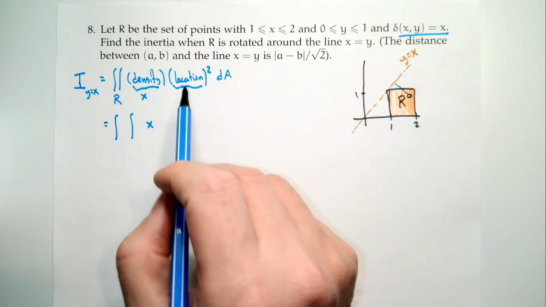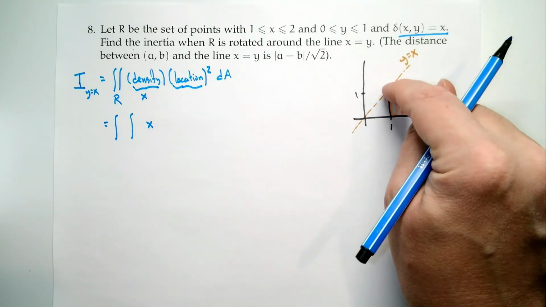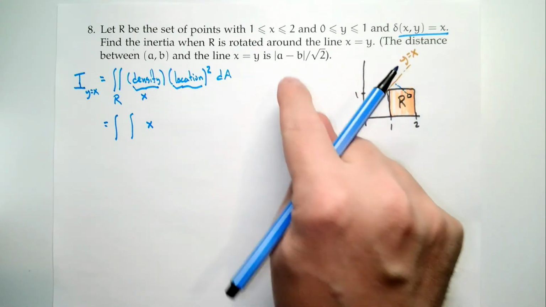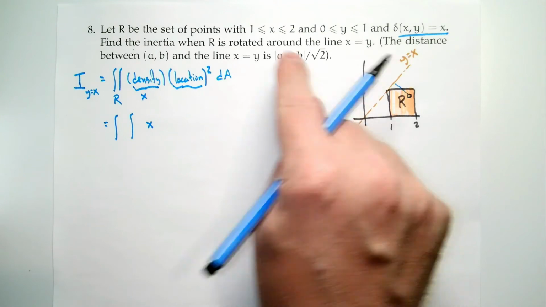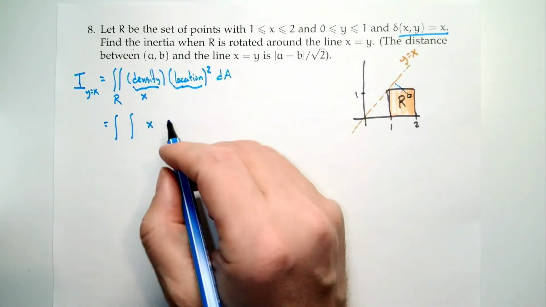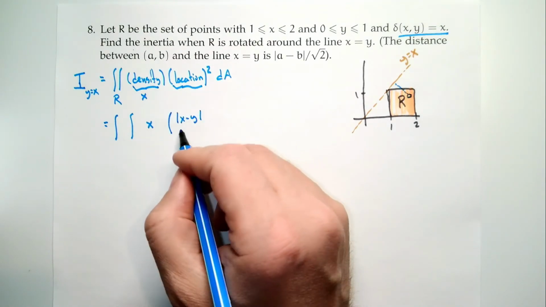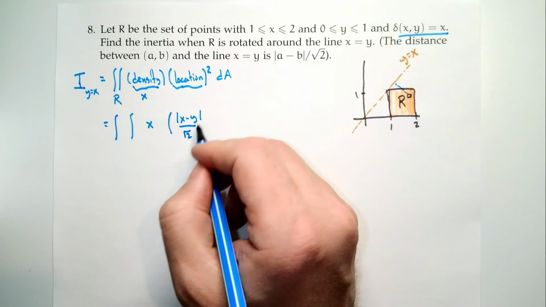That piece of information, that location, is the distance. If I want to know the distance from this little piece to that line, I take the difference in the coordinates, A, B, and I divide it by root 2. So I'm going to take the absolute value of x minus y over root 2.